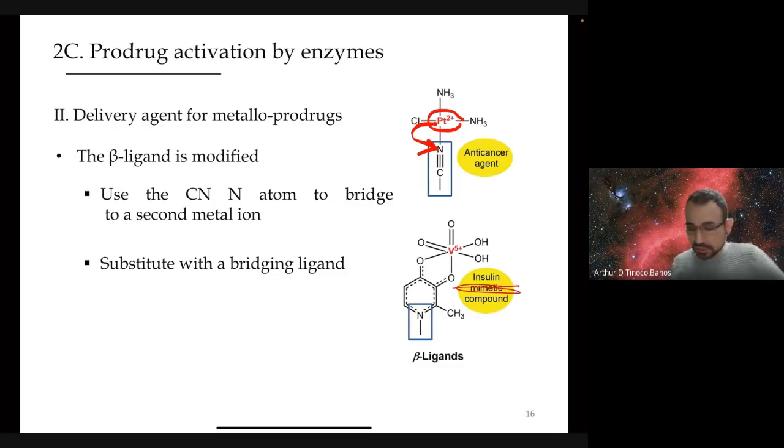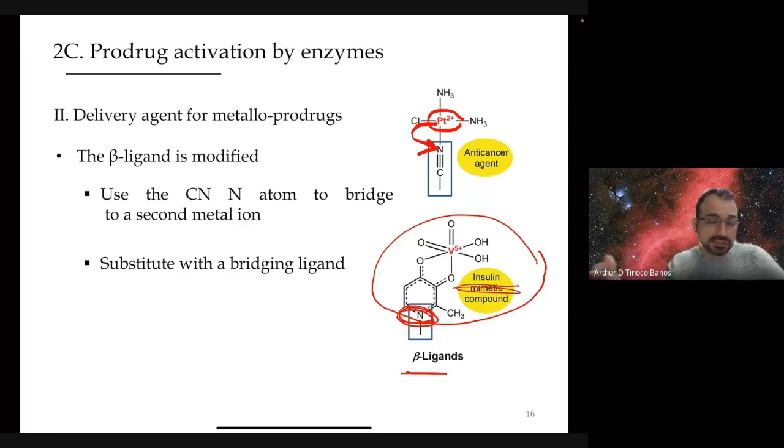Essentially what was done was a compound was synthesized in such a way as to have this moiety here that can coordinate to the cobalt center in the beta position. And in that way, you can get the features of the vanadium 5 group that you want in order to facilitate this insulin enhancement property. All right, so you either use directly the cyano ligand as a bridge, or you use some other ligand that can mimic the coordination of the cyano group to the cobalt center.